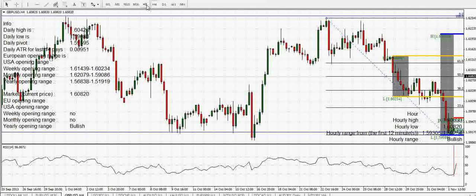Today is Friday, so it's not likely, but sometimes it happens: if I see that price goes below 1.6023, there is a very high probability that price will touch the next fib level, and that is 1.5990. So this is an indicator, just a probability, the opening range.